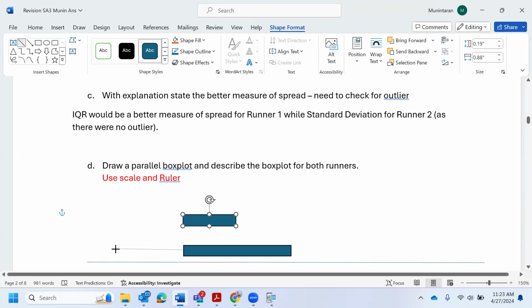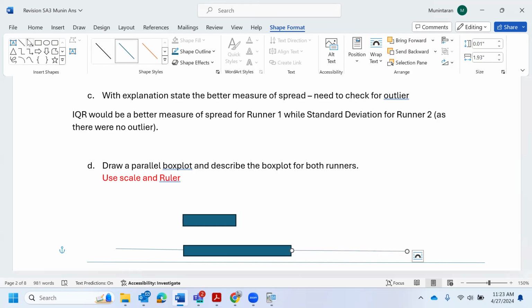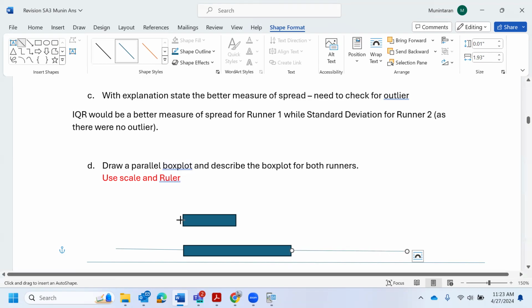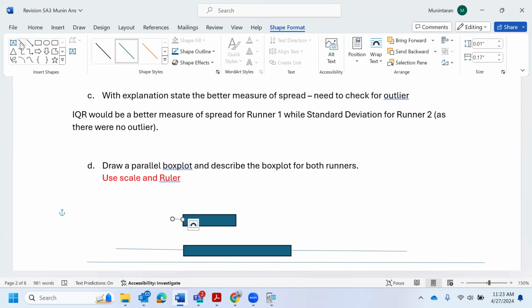Line to this side, a line to this side. Oh, this, okay. And the lines here is a bit shorter. I need to readjust this.